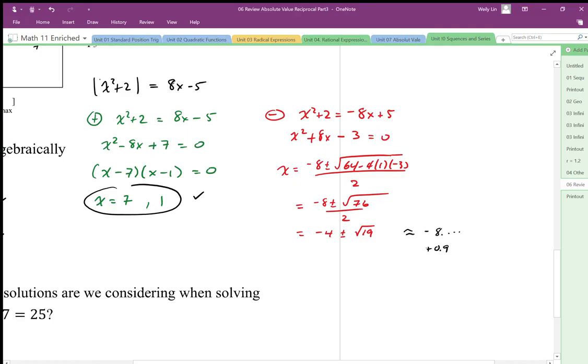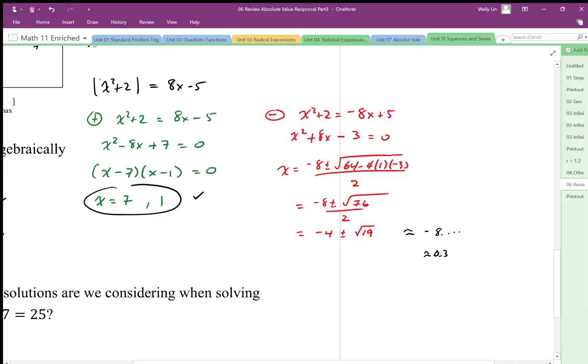Okay. Actually, we should work that out a little bit more. Square root of 19 is going to be about 4 point something, right? 4.3 or something like that. So we end up with approximately 0.3. Okay?